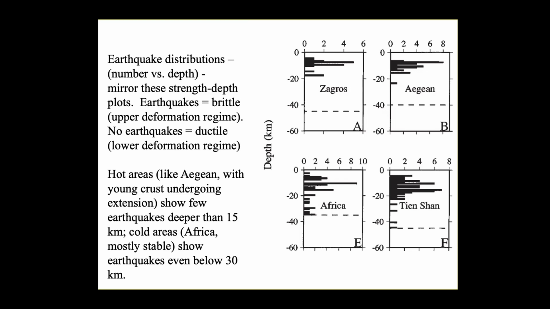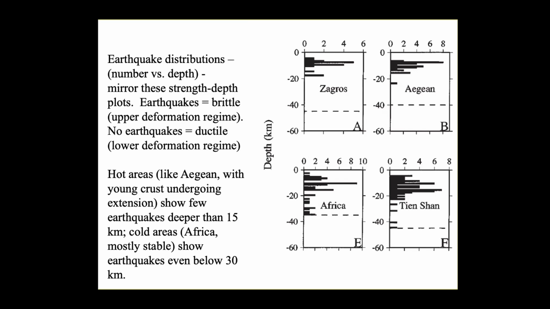One is the Zagros of Iran, one is the Aegean west of Turkey, one is Africa, and the other is the Tian Shan of Asia, near the Himalayan collision zone. So earthquakes are basically telling you about the brittle, or upper, deformation regime. No earthquakes doesn't tell you that there's no deformation. It's just telling you there's no failure.